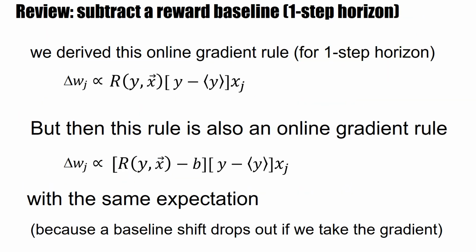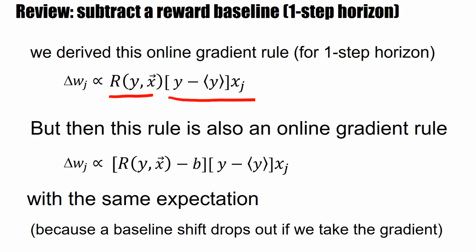Let's go back for a moment and look at the one-step, one-horizon policy gradient methods. We found that we have an update rule that has the reward and some terms that come from the derivative of the logarithm of the policy.